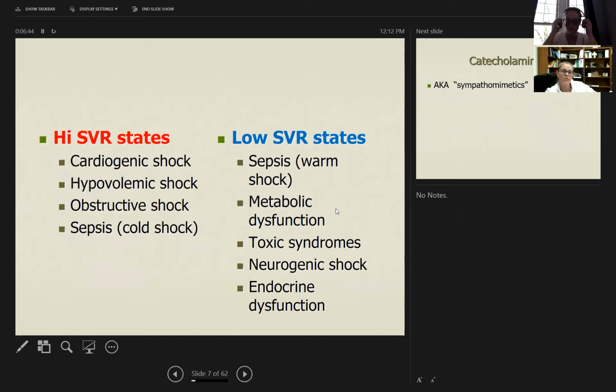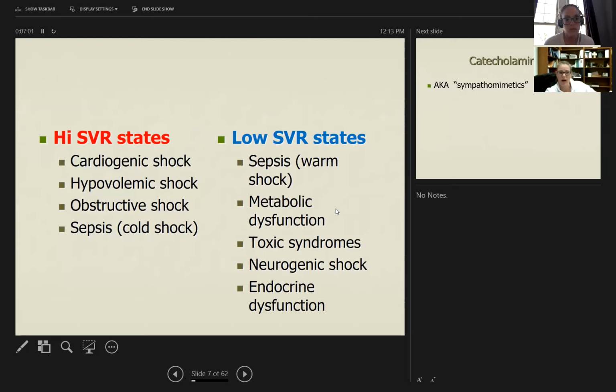Shock comes in a variety of flavors. You can have shock in the setting of elevated systemic vascular resistance, and you're going to see that in cardiogenic shock. You will see that in pure hypovolemic shock. You'll see that in obstructive shock, and you may see it in cold septic shock, right?